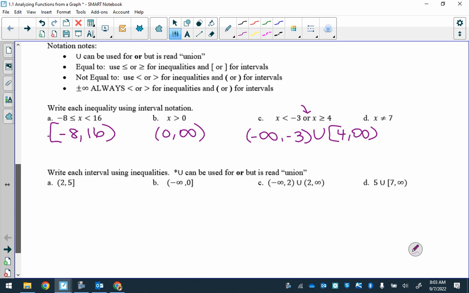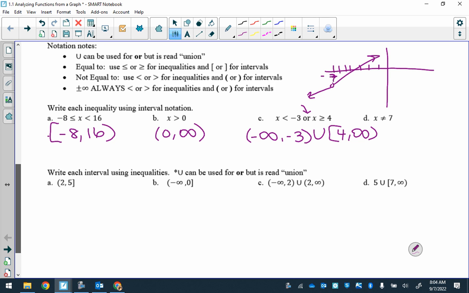All right, now we have x is not equal to 7. So this might help with that. 4, 5, 6, 7. Here's negative 7, right? Go ahead, Liz. No, you have the right idea.